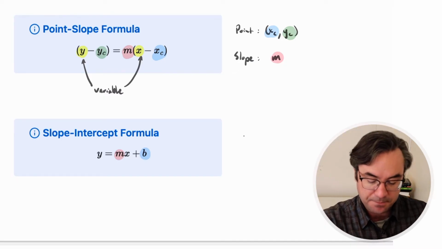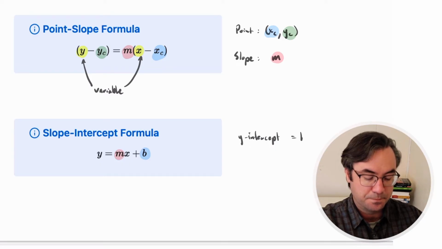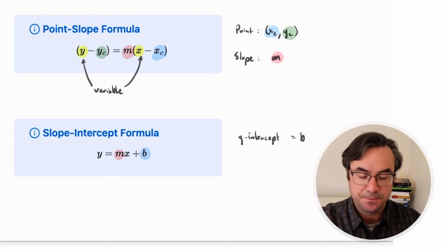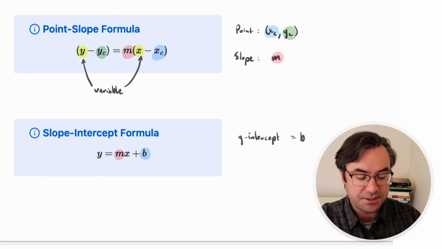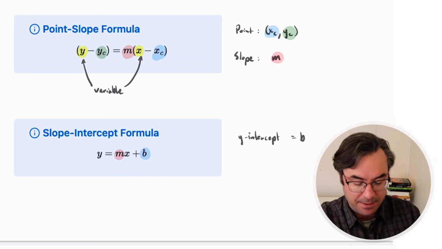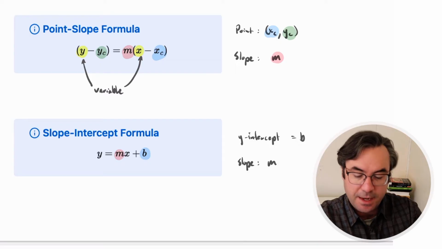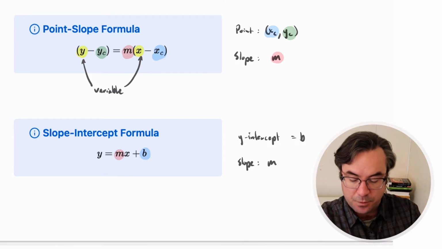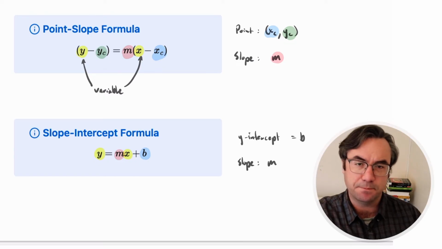So in this formula, we need to know the y-intercept, and that's what the b value is. It tells us how high up along the y-axis our line crosses. Then our slope is m again, and the y and the x are just variables, just like before.